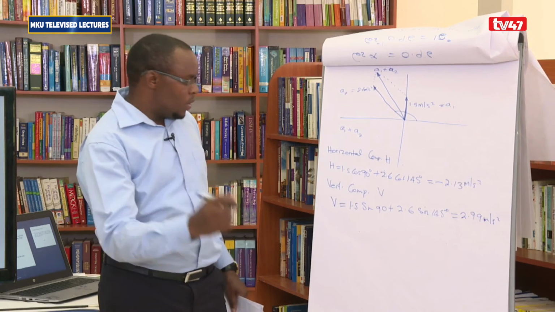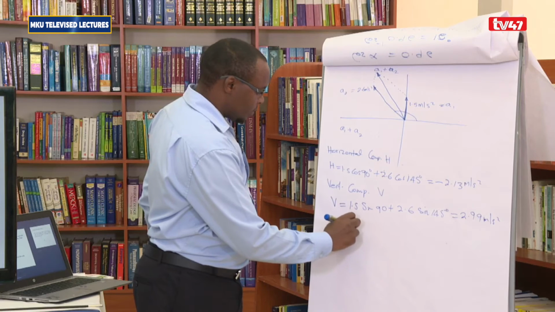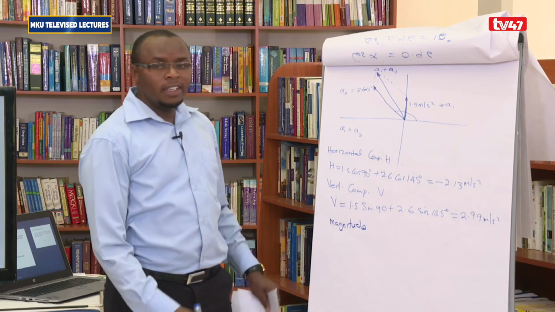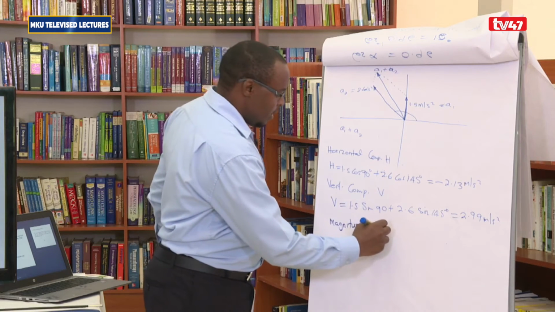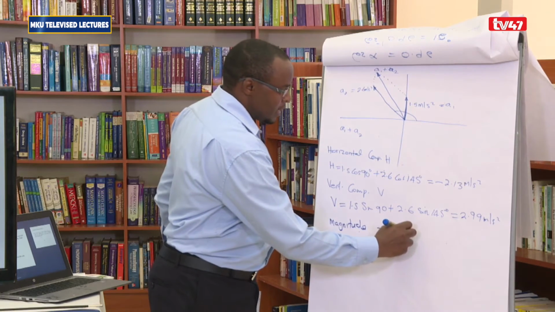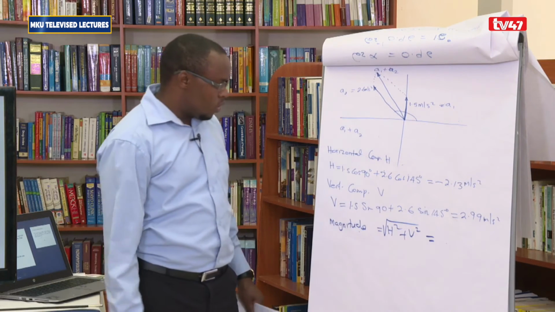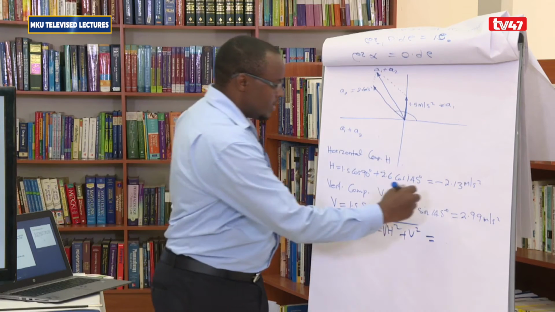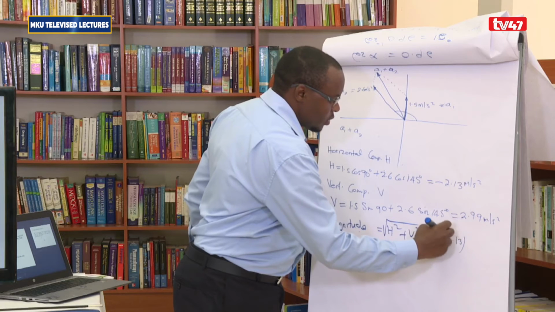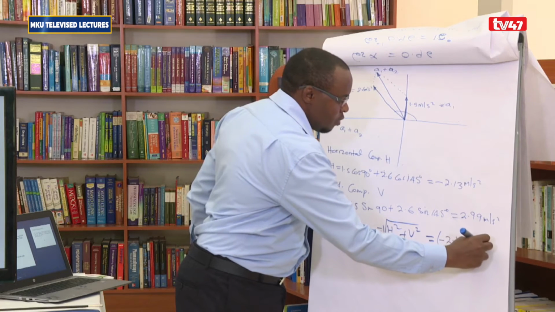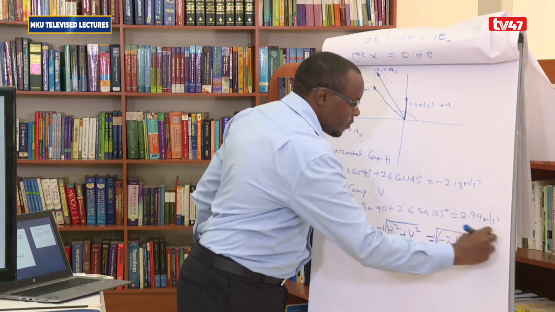Then from there, you now get the magnitude. So the magnitude of this is given by the square root of the horizontal component squared plus the vertical component squared. Then this horizontal component is negative 2.13, so negative 2.13 squared plus 2.99 squared, square root.